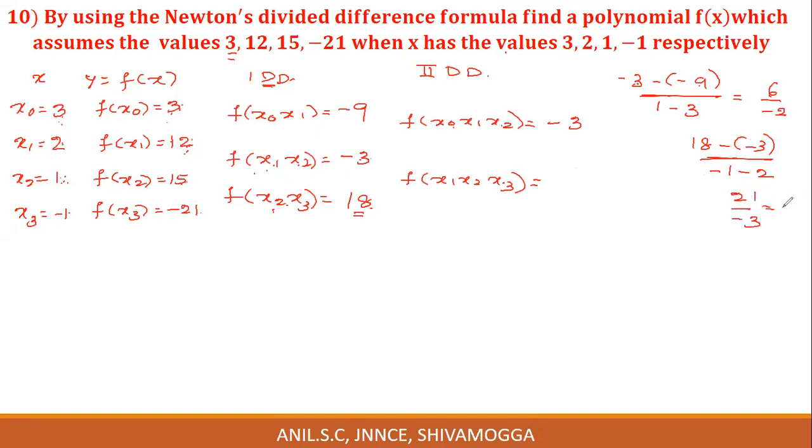What is 21 by minus 3? Minus 7. These are called second order divided differences.